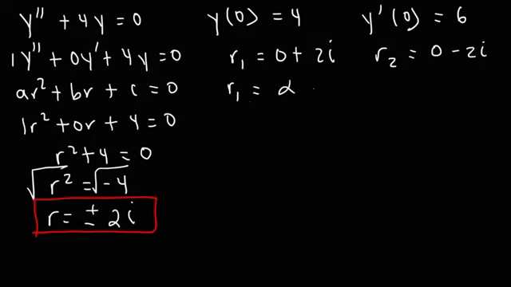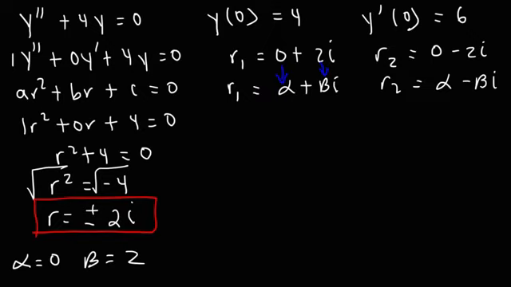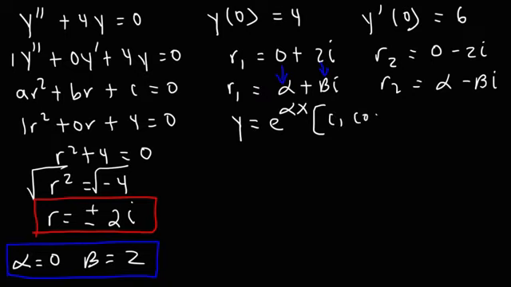So we know that r1 is alpha plus beta i, r2 is alpha minus beta i. So we can clearly see that alpha is 0, beta is 2. So let's write that here. Alpha is 0, beta is 2. Now our next step is to write the general solution of the differential equation. So it's e to the alpha x, and then c1 cosine beta x plus c2 sine beta x.